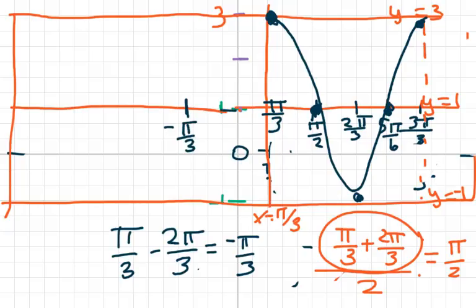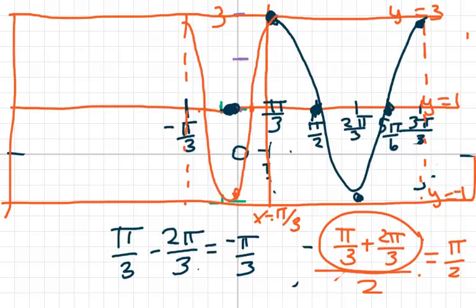All right? And that would mean the center line should be in the middle. All right? And I'm going to draw my x equals negative pi over 3 and infer the points here. So dot, dot, dot, dot, and it would go like this. Do you see where I didn't do it right?